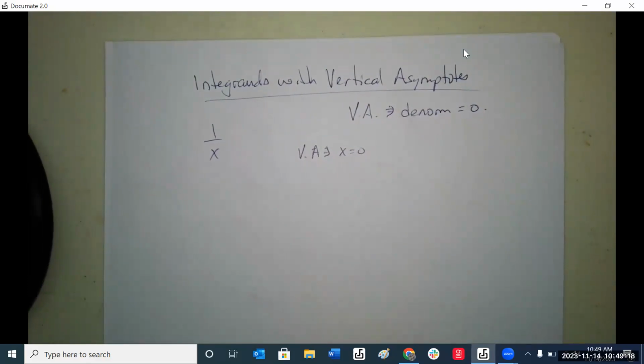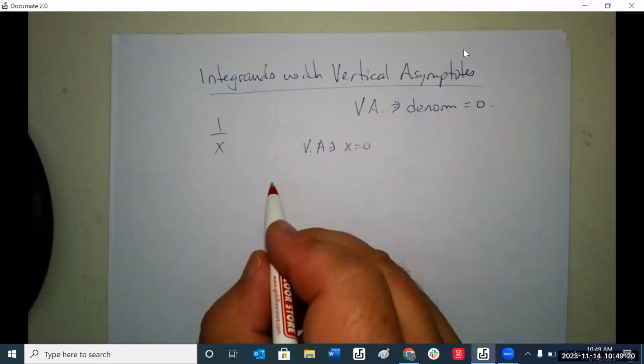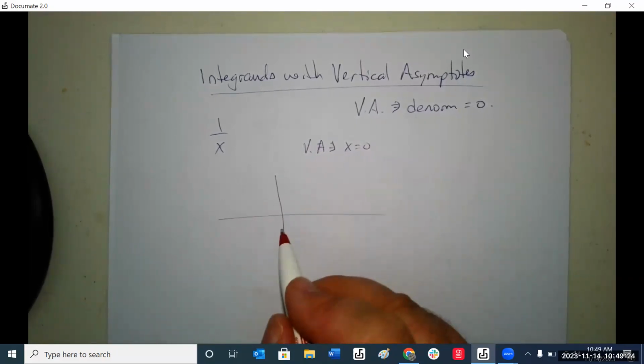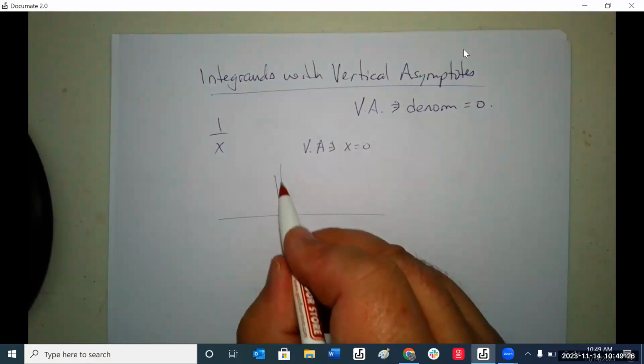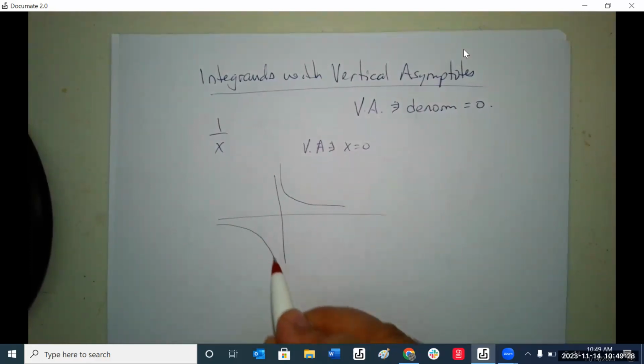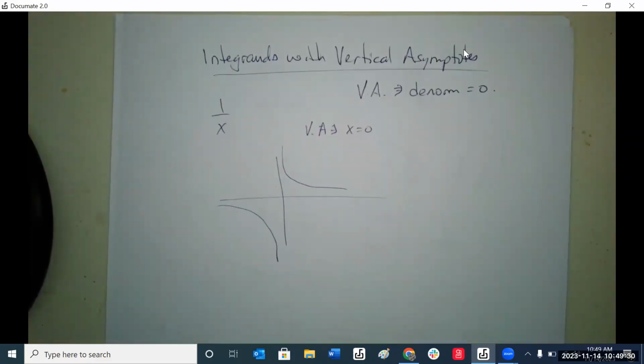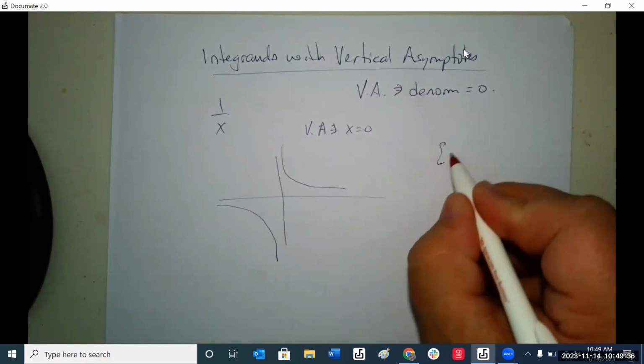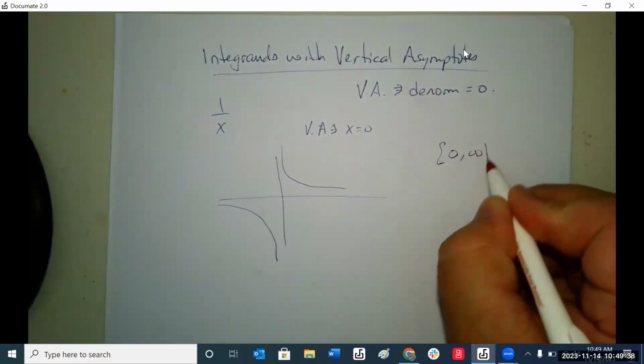And so this is what we're going to look at. If we look at this function here, 1 over x, we have that function. We're only going to take from 0 to infinity.